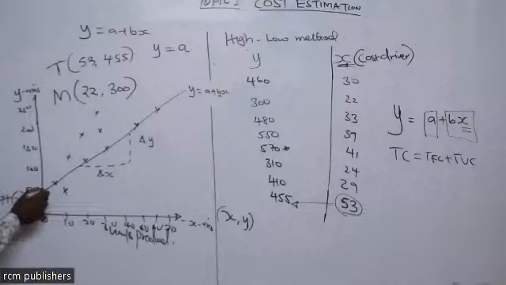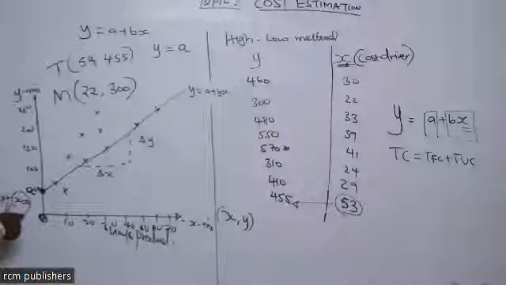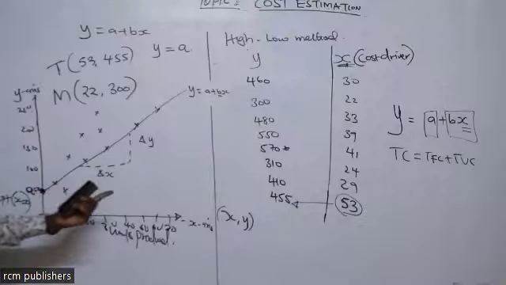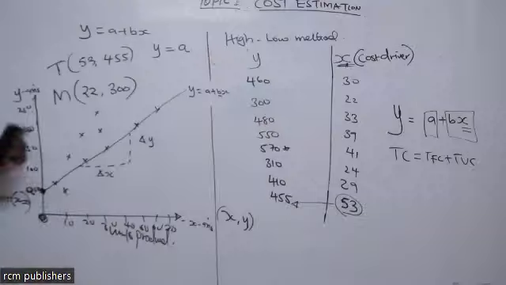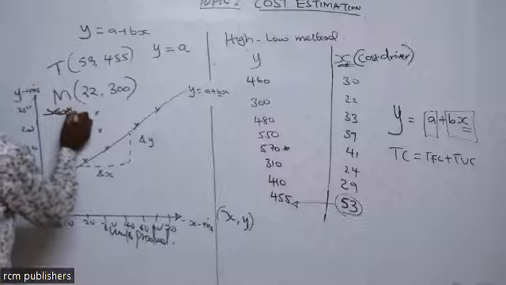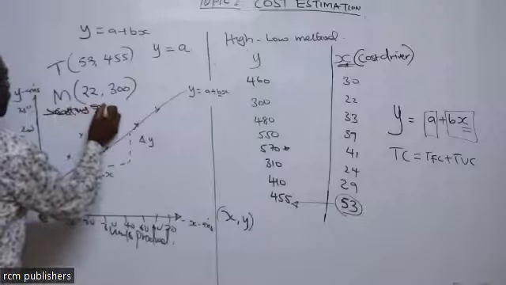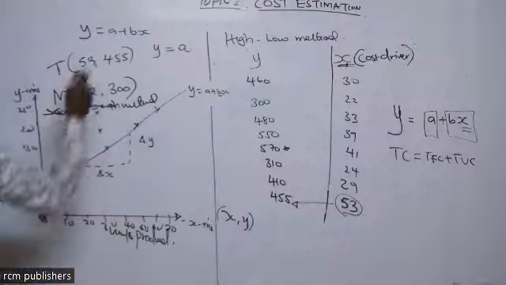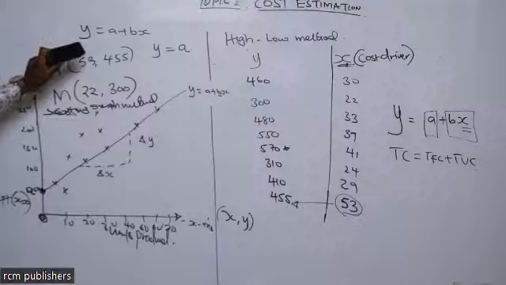So at this point, the y-intercept, when x is equal to 0, that value of y becomes our fixed cost. So this is the concept of what we call the scattergraph method. It is going to help us understand what you're going to do under the high-low method.